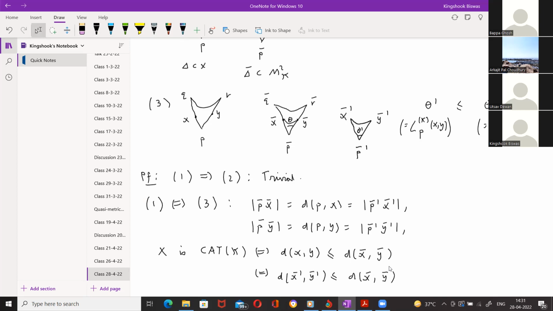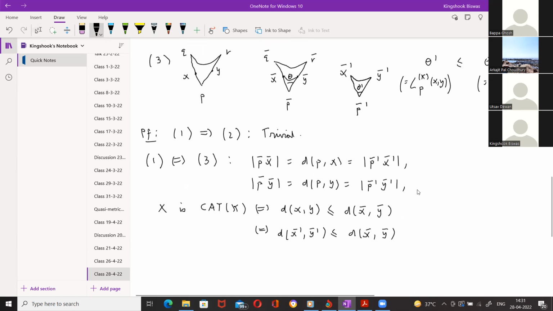And this inequality, we saw that when you have two triangles in M2 kappa which have the same side lengths starting from a common vertex, then one angle is less than or equal to the other if and only if the opposite side is less than or equal to the opposite side, right? Yes, we saw this last time, right? Yes. So this is if and only if theta prime is less than or equal to theta.